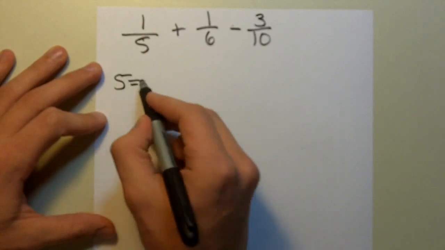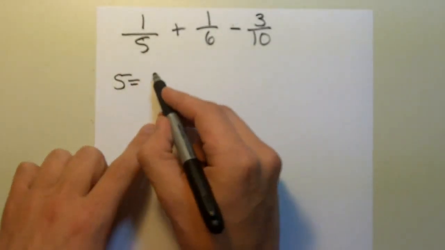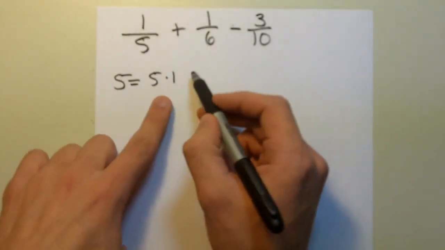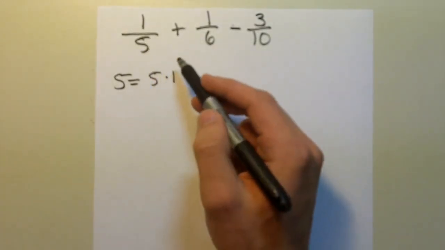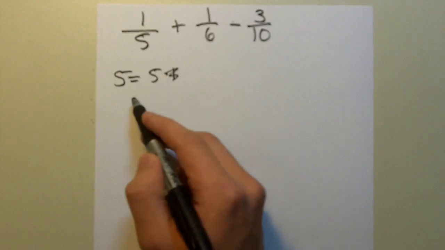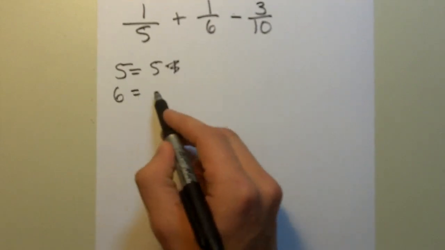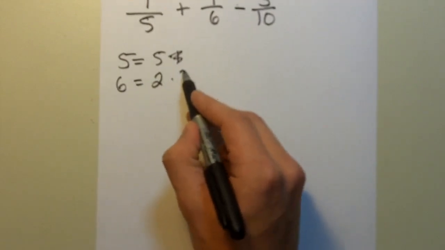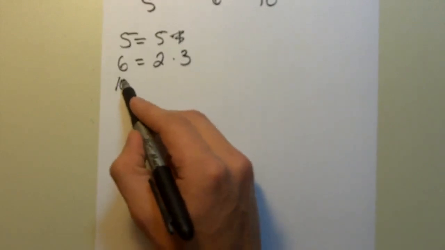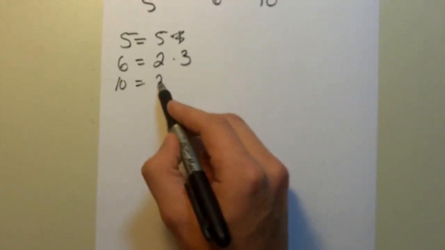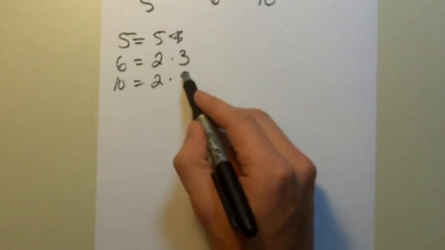So 5 can only be broken down by 5 times 1, right? We don't really need to write this 1 here, but 5 is a prime number, so it's just 5. Alright, 6 is equal to 2 times 3. We found that one out. And we have 10 is equal to 2 times 5.